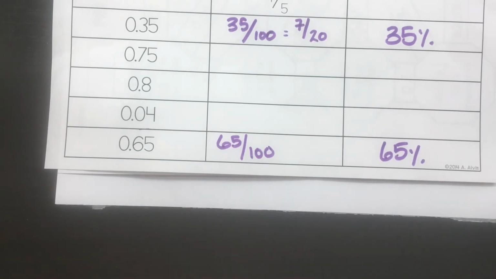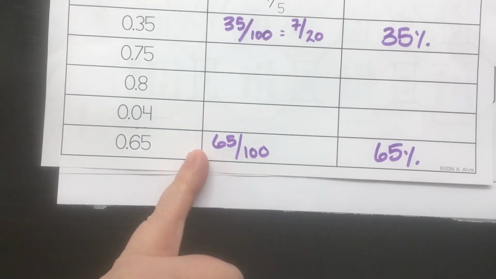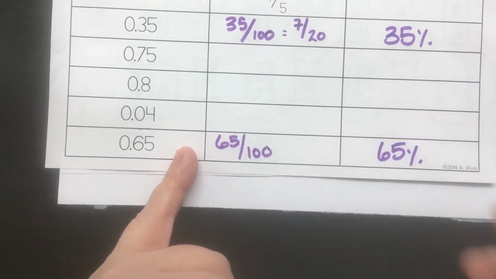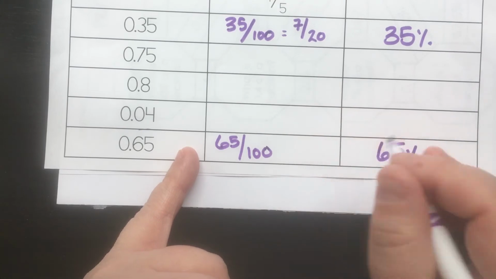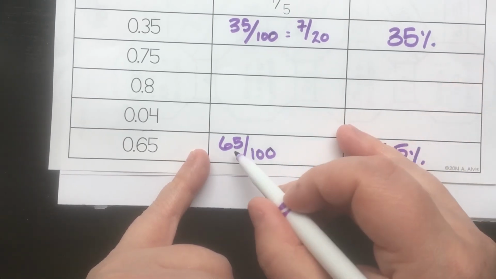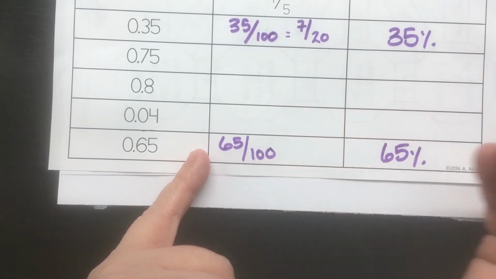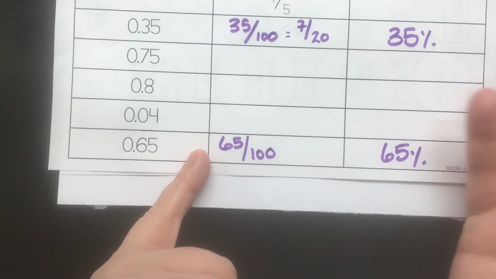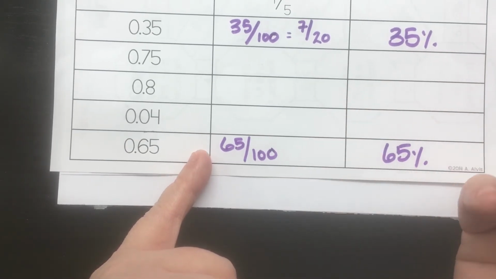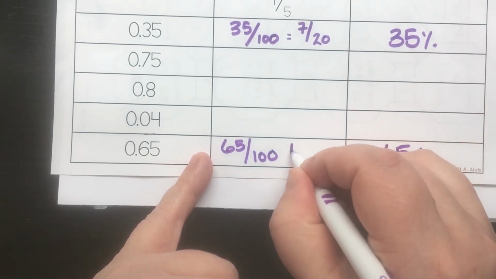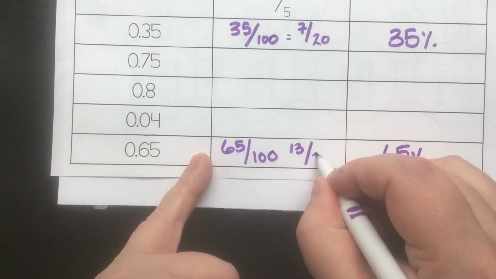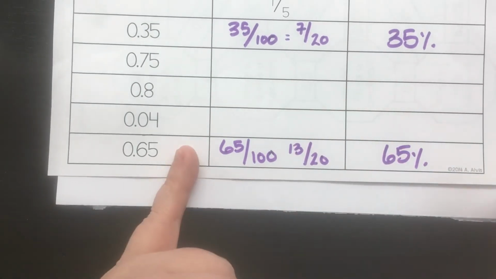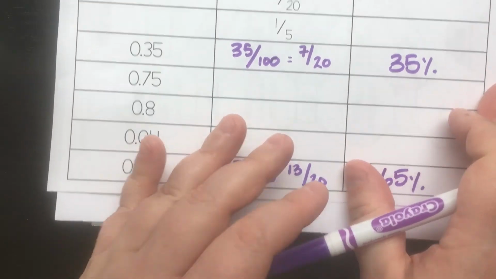We know that 5 is a factor of both. And so we can divide 65 and 100 both by 5. 65 divided by 5, we know that 50 divided by 5 is 10, and 15 divided by 5 is 3. So I should have 13 over 20.